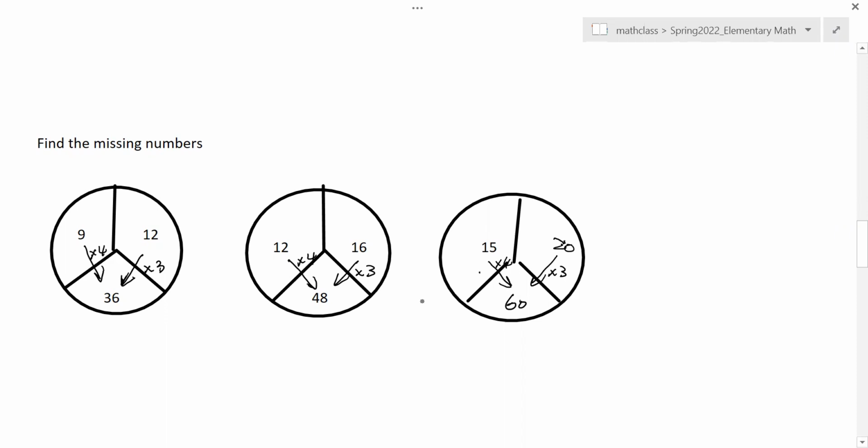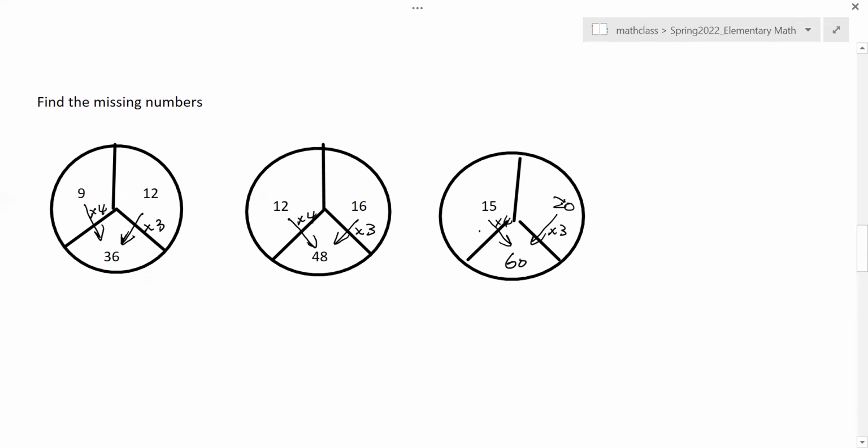Got it, right? Any other possible ways to solve this problem? Nope, I don't see anything, right? So from 9 to 12, from 12 to 15, you add 3, right? And from 12 to 16, you add 4, and 16 to 20, add 4.